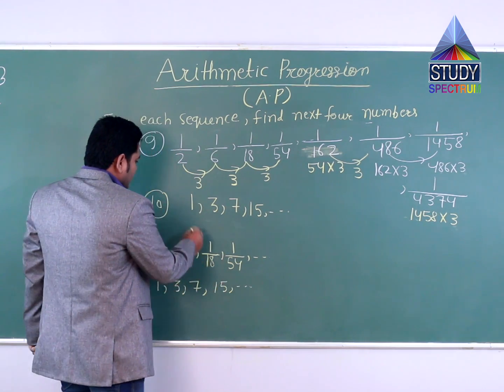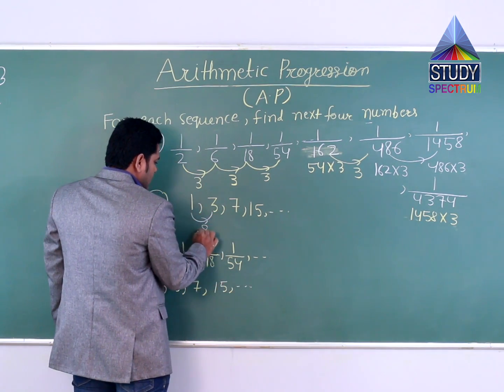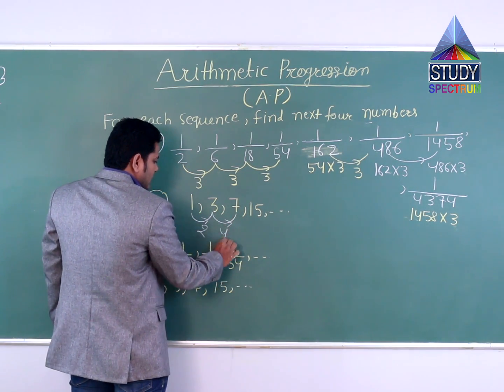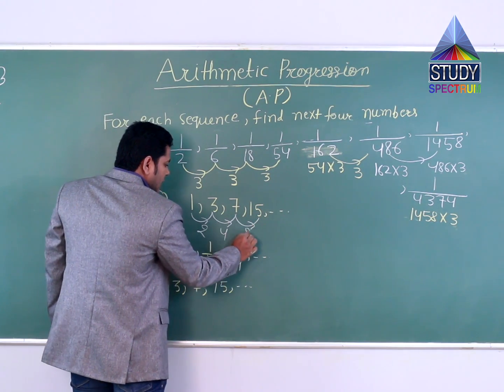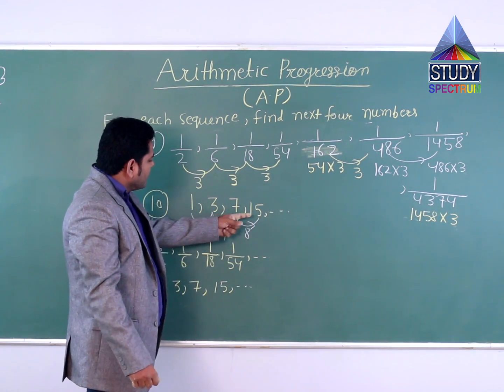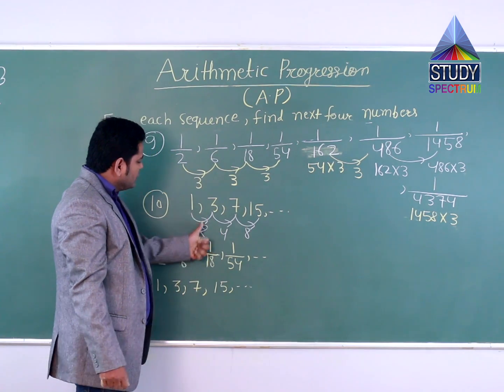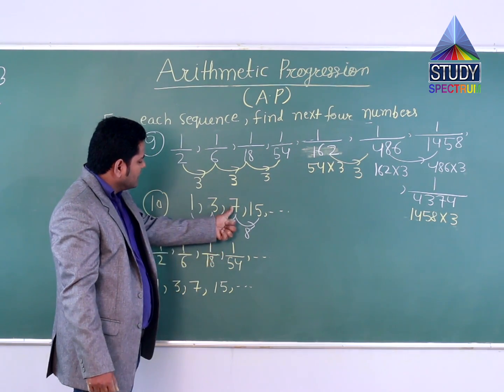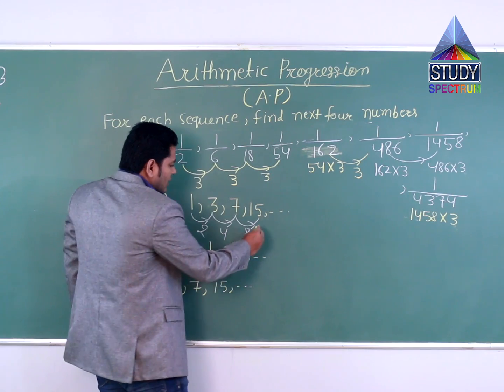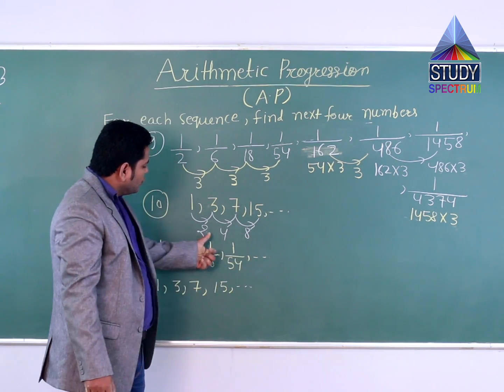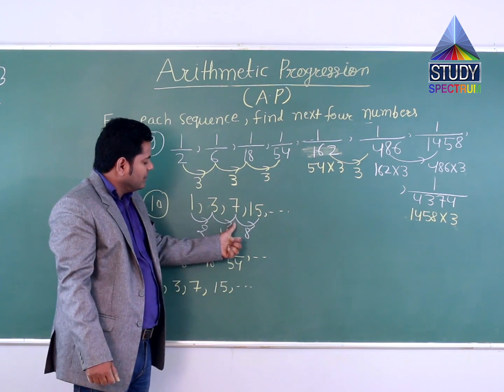Okay, so this is 2 more than this, this is 4 more than this, this is 8 more than this. Means 1 plus 2 is 3, 3 plus 4 is 7, 7 plus 8 is 15. Now we are adding 2 times the difference of the preceding term.